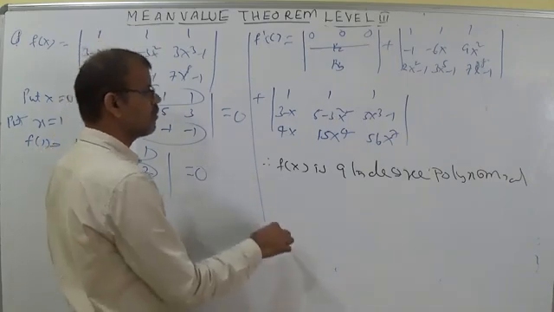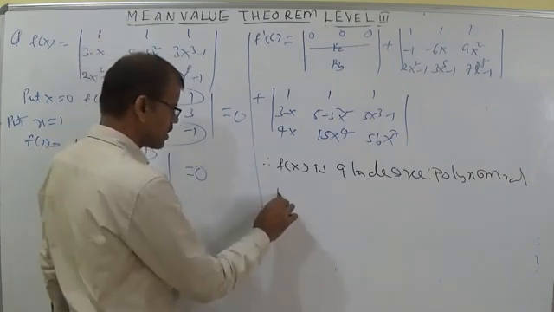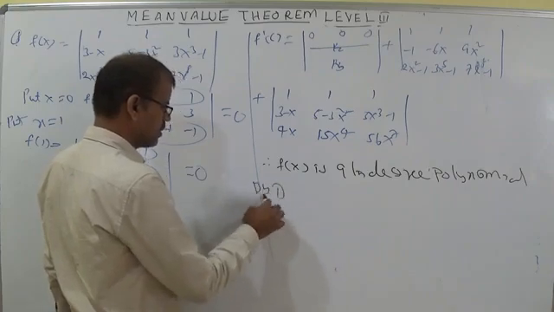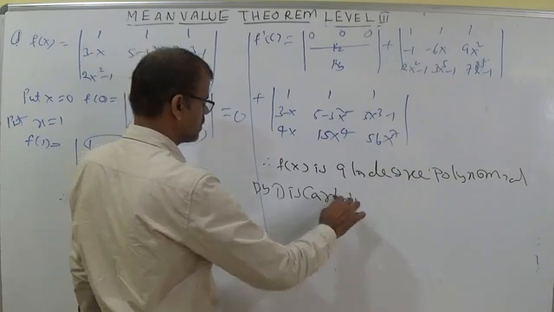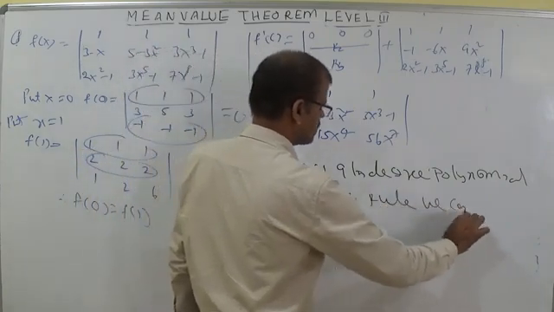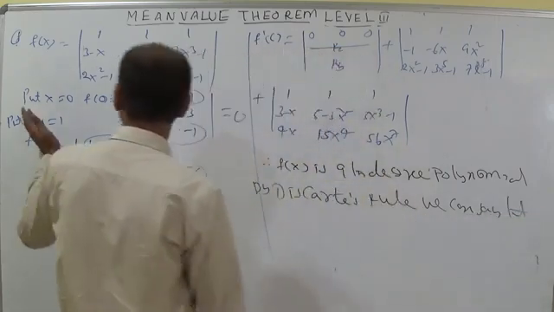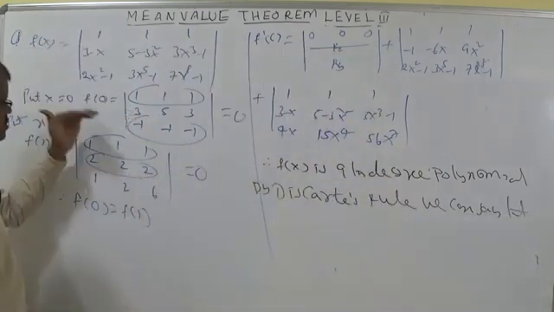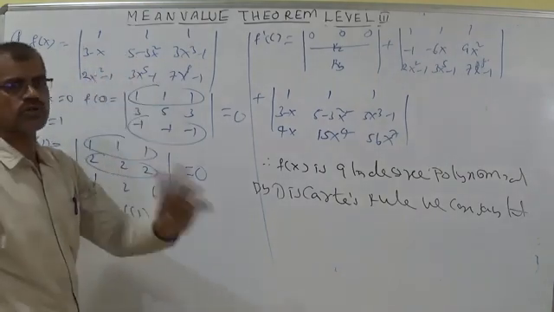Whenever a ninth degree polynomial is there, according to Descartes rule, which we discussed previously, we can say that f of 0 is equal to f of 1 already. We substituted x, and we can substitute 0 and 1, so these roots are there.